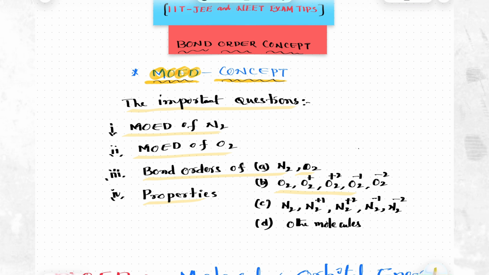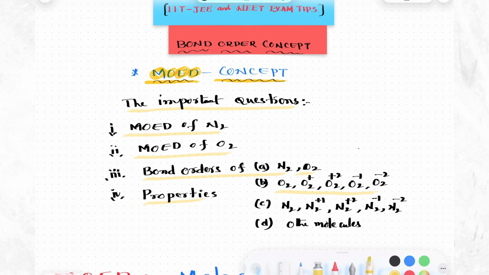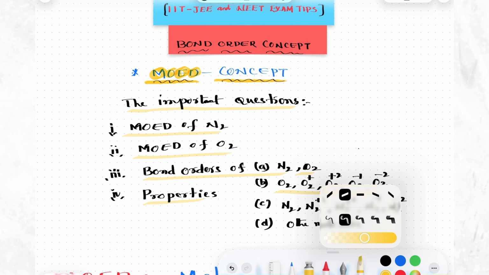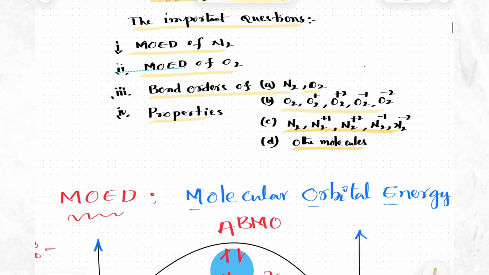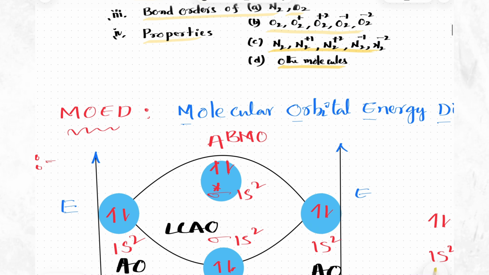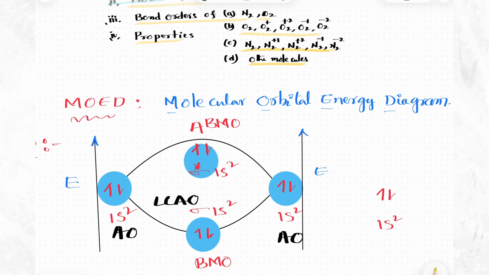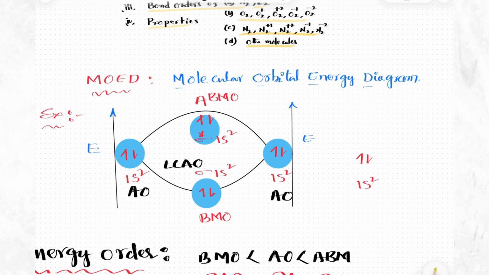We also find O2, O2 plus, O2 plus 2, O2 minus 1, O2 minus 2. Similarly, nitrogen also. We'll discuss the bond orders of nitrogen and other molecules also, if possible. Otherwise, we'll go for one more video. Clear, students? Now all of you concentrate here.